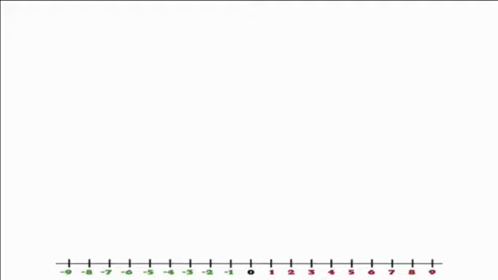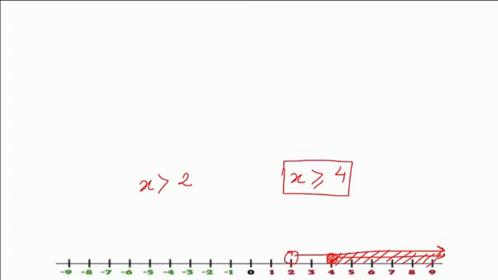So we have x greater than 2 and x greater than or equal to 4. x greater than 2 we can denote with an open circle and an arrow on the right side of the number line. x greater than or equal to 4 we can denote with a closed circle and an arrow to the right of the number line, and the common area is x greater than or equal to 4, and so x greater than or equal to 4 would be the solution, and this is the plot on the number line. So now I hope this is clear.